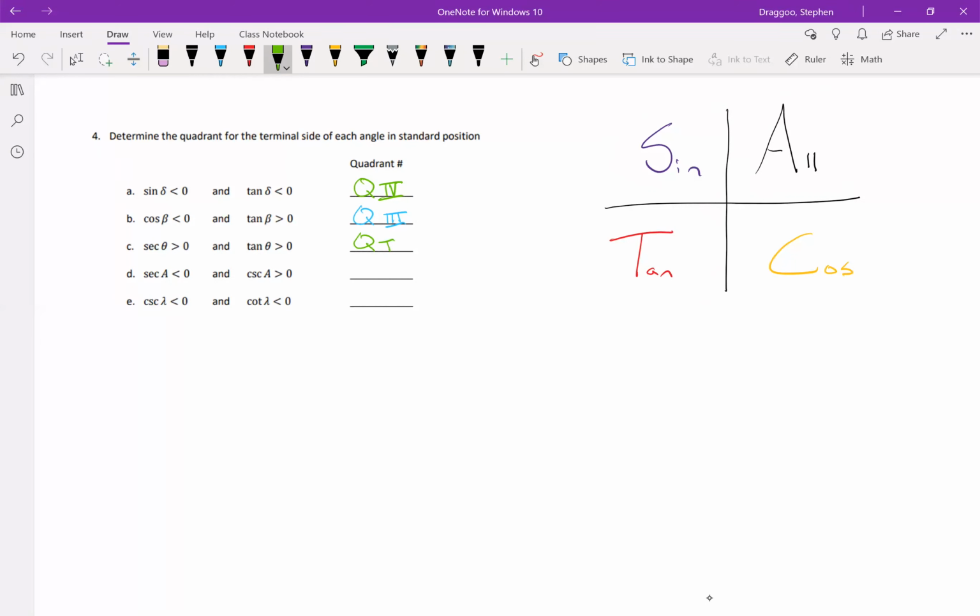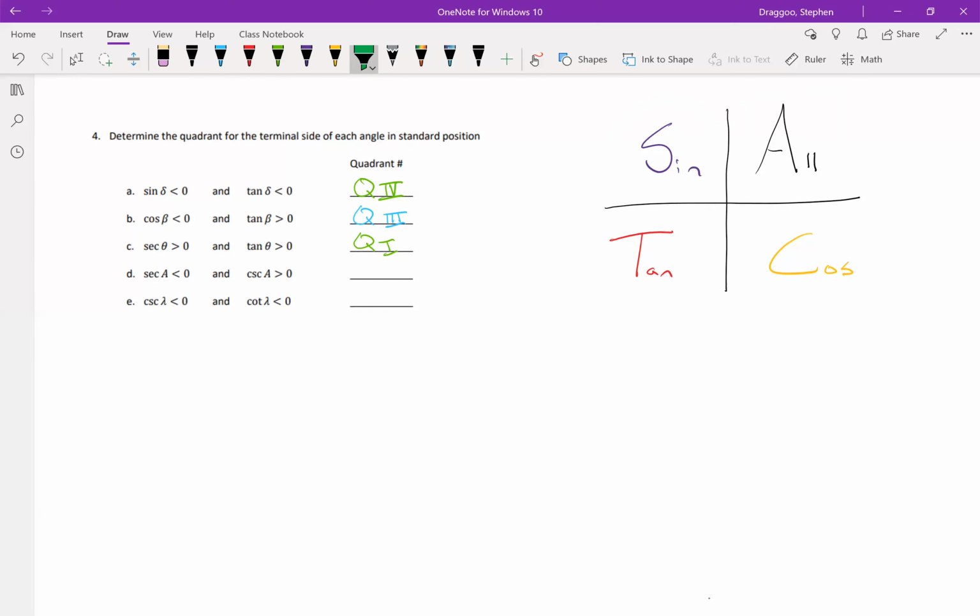Part D, secant of A is negative and cosecant of A is positive. So recall that these reciprocals have the same sign as their original values. So secant has the same sign as cosine. Cosecant has the same sign as sine. Hopefully that doesn't get too confusing with the word sine meaning two different things.